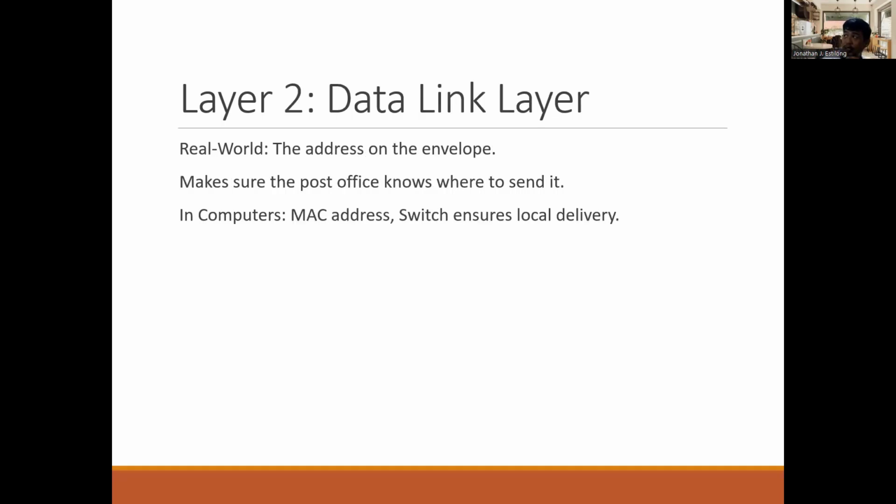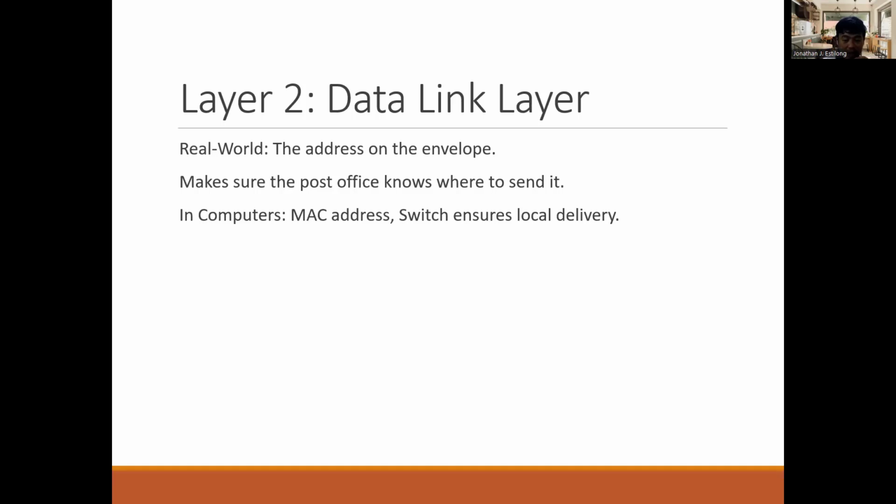Layer two is the data link layer. This layer makes sure the letter is delivered to the right house inside your friend's neighborhood. For example, this is the address written on the envelope: house number, street, and city.